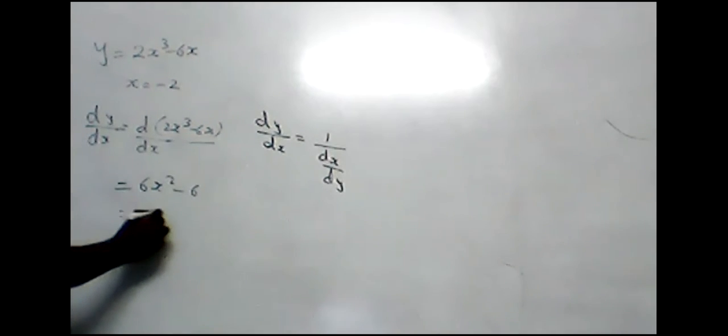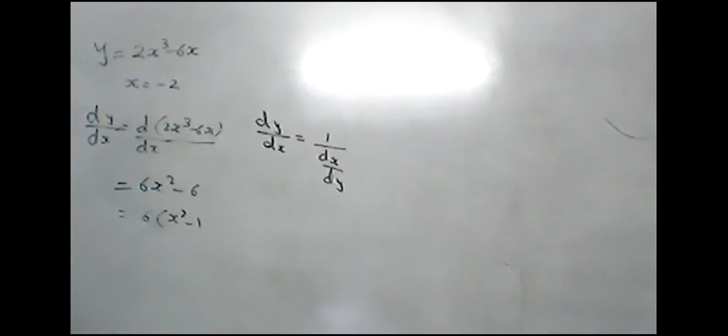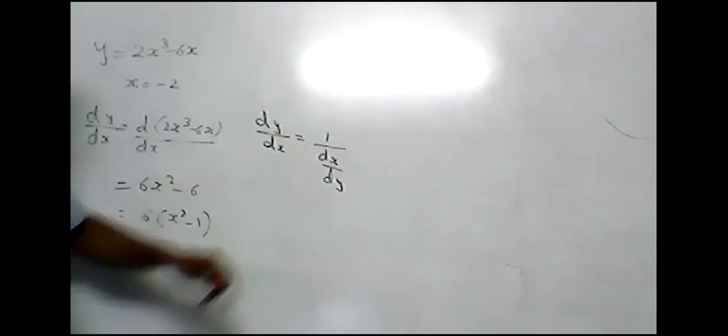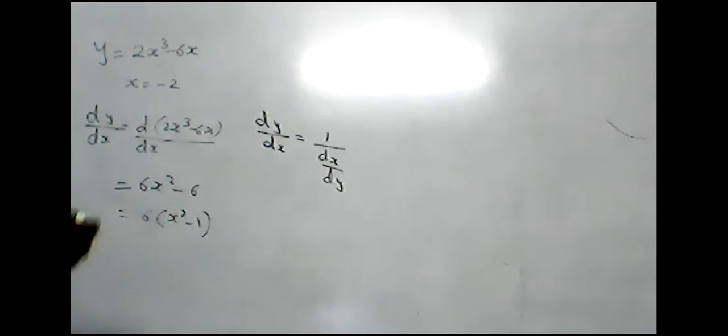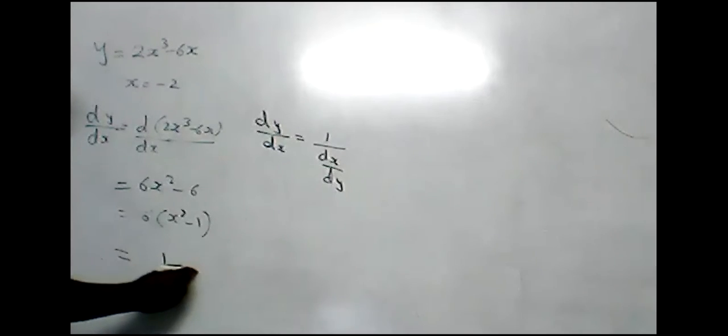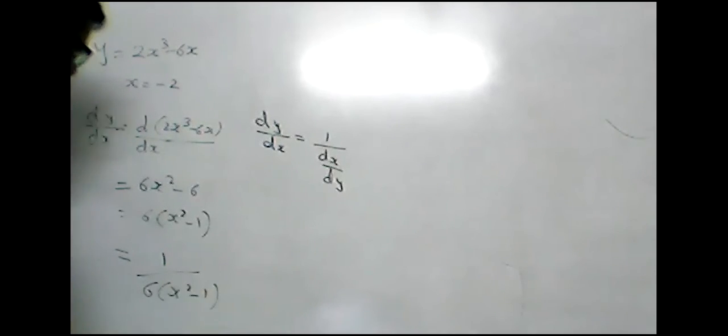Let's take 6 common. So you have x square minus 1. Clear? Now you know this dy by dx is equal to 1 upon dx by dy. So iska will take the reciprocal, so that will become 1 upon 6x square minus 1.